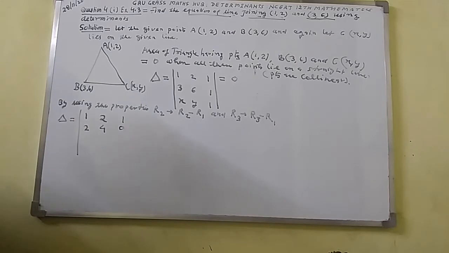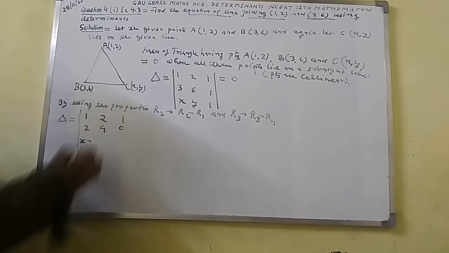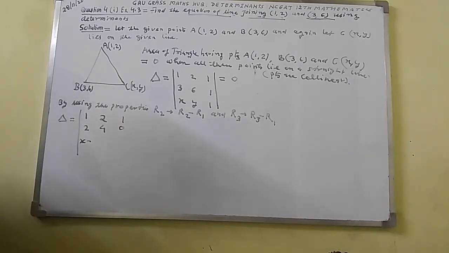And R3 goes to R3 minus R1. If I take the element of R3 as x, so here I write x minus the corresponding element of x in the first row, which will be 1. So here I write 1.